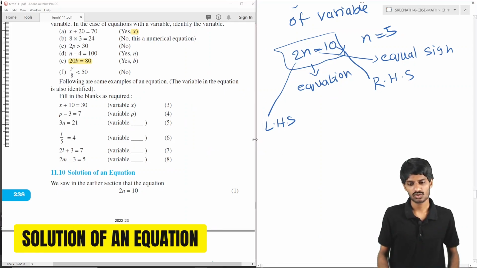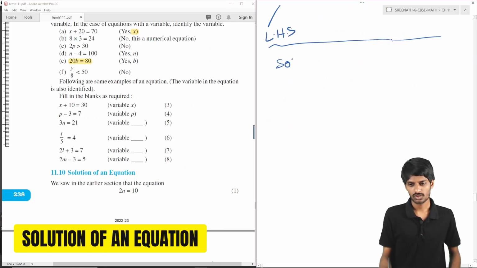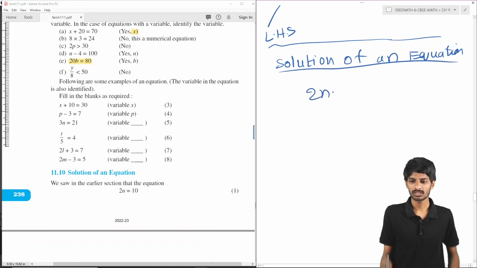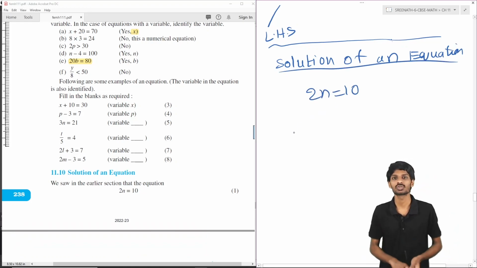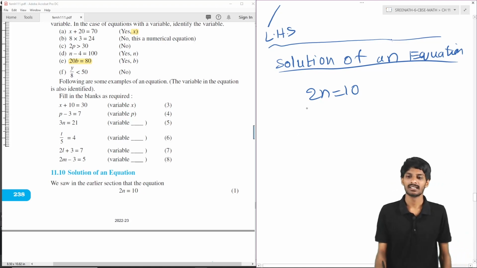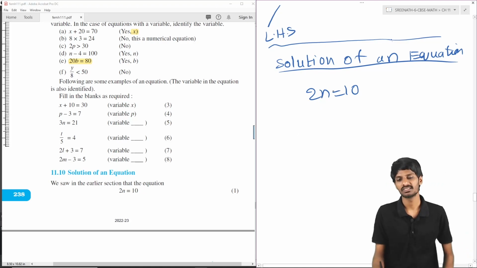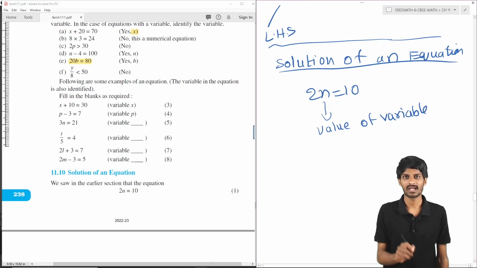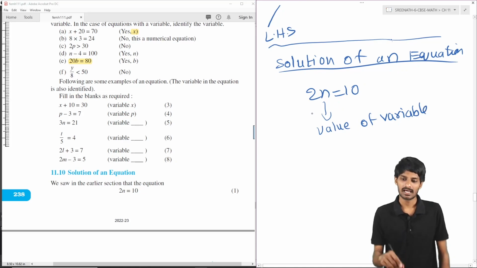Next thing is the solution of an equation, students. What is the solution, students? If 2n equal to 10 is the equation, what is the solution to that equation? It is nothing but the value of the variable for which the equation is satisfied, for which the condition is satisfied. That is the solution of the equation, students.